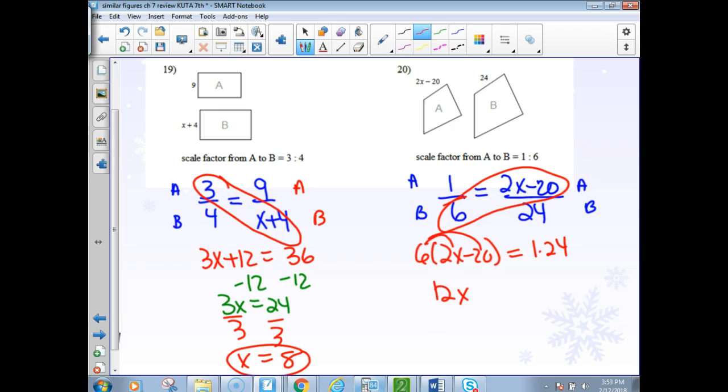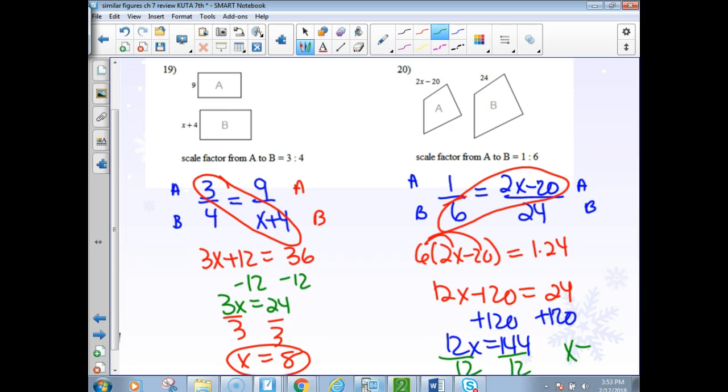I get 12 times x minus 120 equals 24. I need to add 120 to both sides. 12 times x is 144 then, and then I divide by 12, and I get x is 12.